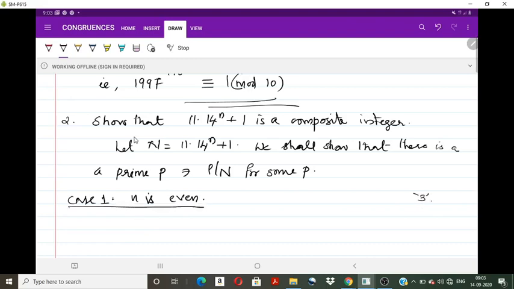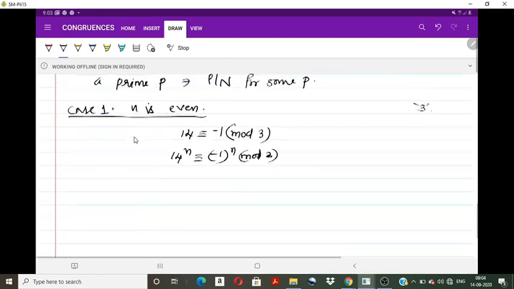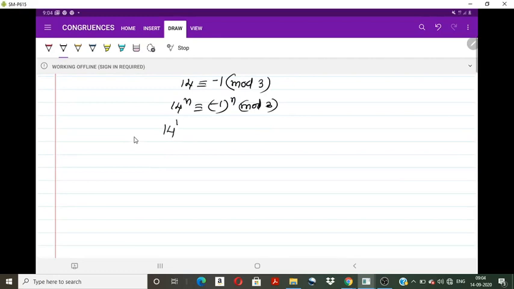If we consider 3, we can see that 15 is a multiple of 3, so 14 is congruent to minus 1 modulo 3. So 14 raised to n is congruent to minus 1 raised to n modulo 3. Since n is an even number, we have 14 raised to n congruent to 1 modulo 3.